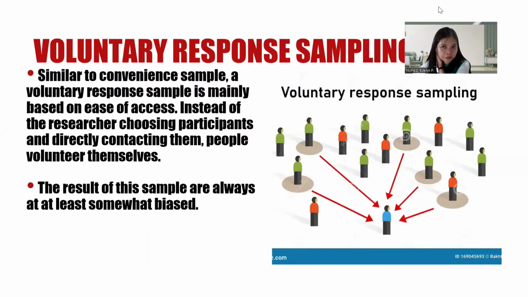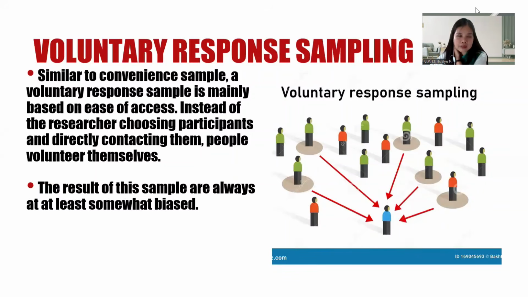Voluntary sampling. In voluntary sampling, it is similar to convenience sampling. It's still based on ease of access. Instead of the researcher choosing the participants and directly contacting them, people volunteer themselves. So they will say, okay, I want to answer your survey, I want to answer your questionnaire.